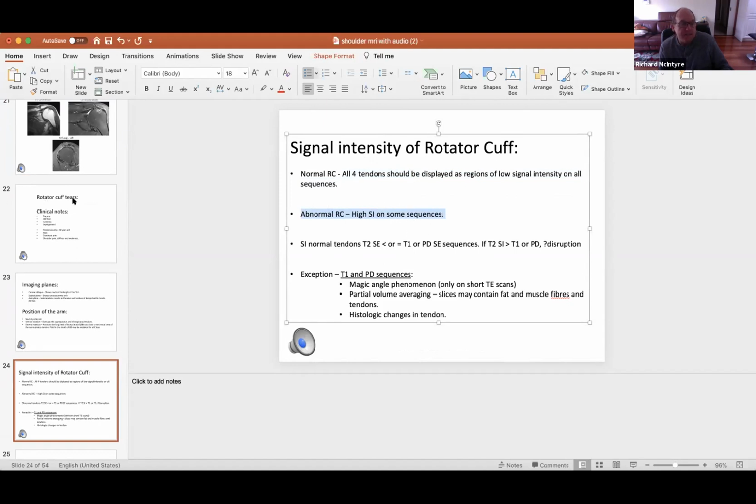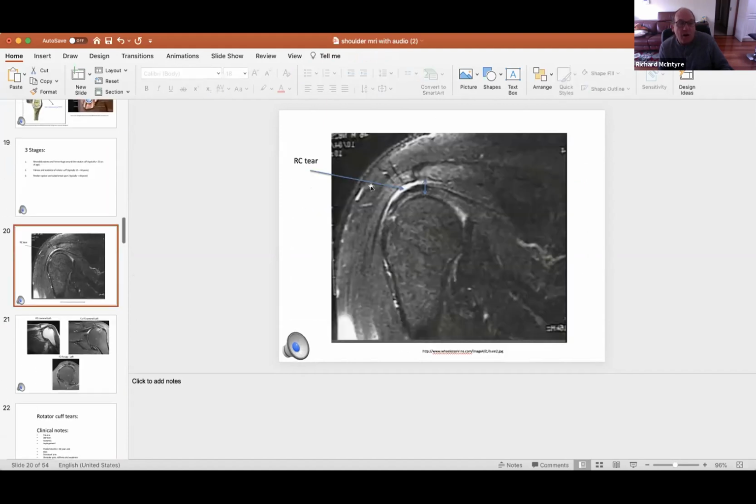That signal intensity will be high on T2 fat-sat images or proton density fat-sat images because the tear will have fluid in it. It's the same pathological etiology as all the other pathologies in the body. The body sends edema there when it's torn, and you're going to see it on T2 or pathology weighted images.